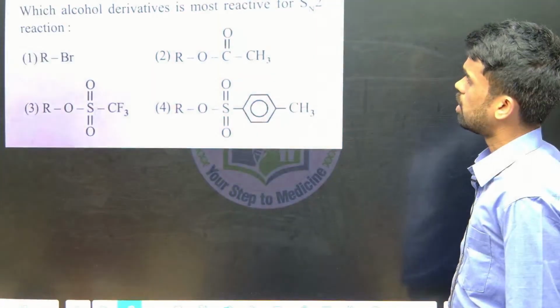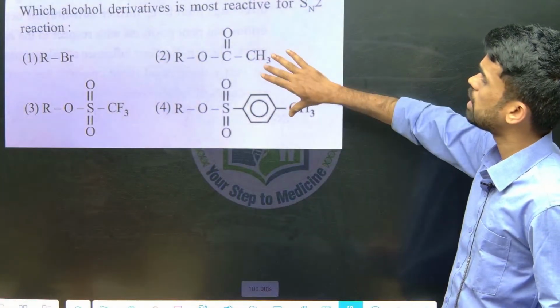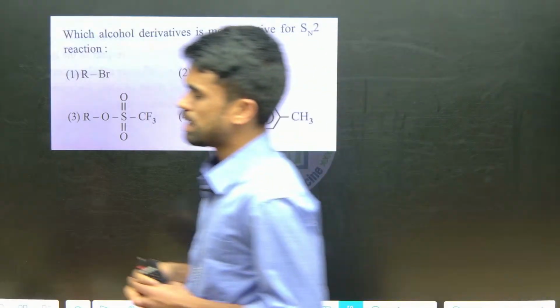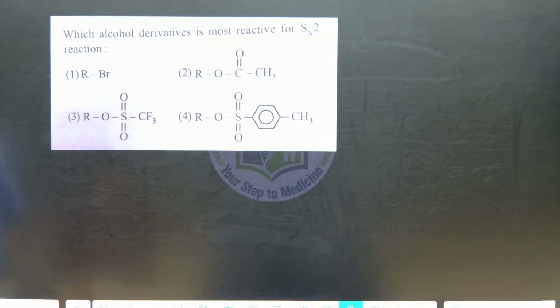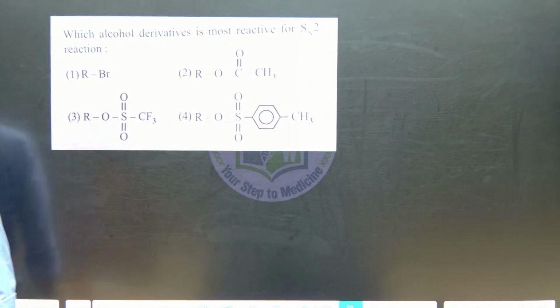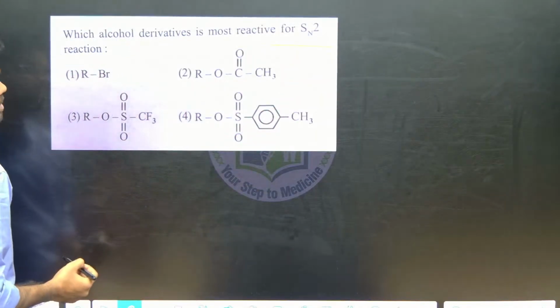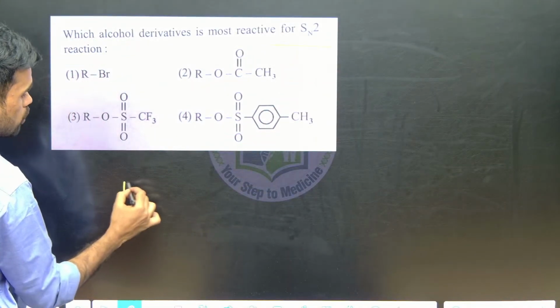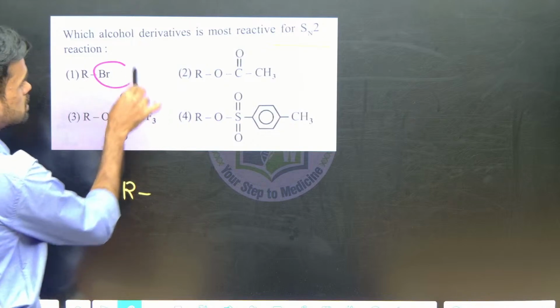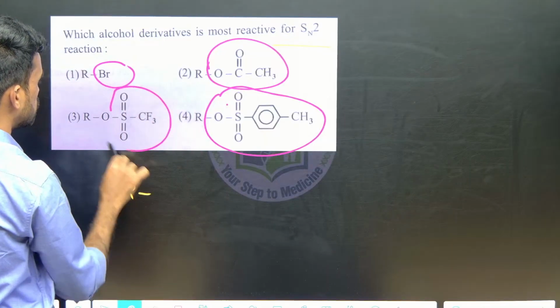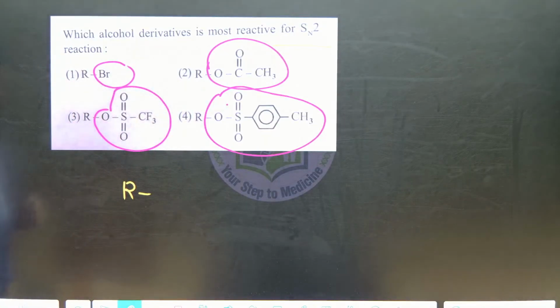Just tell me which alcohol derivative is most reactive towards the SN2 reaction. So how do you get this SN2? See here, all of them have an R group, along with some other group here.